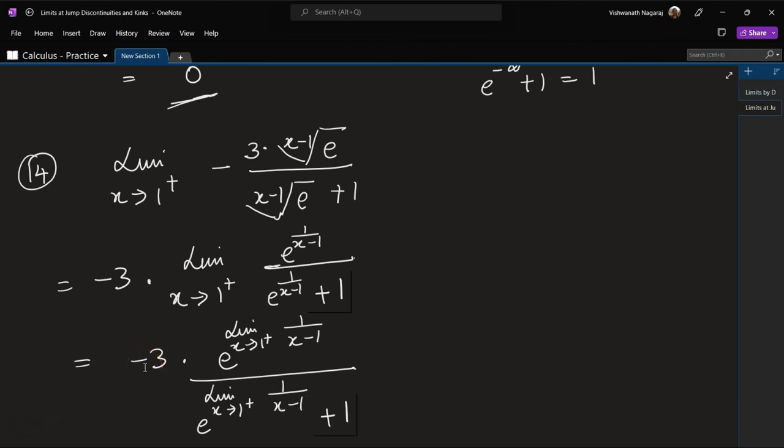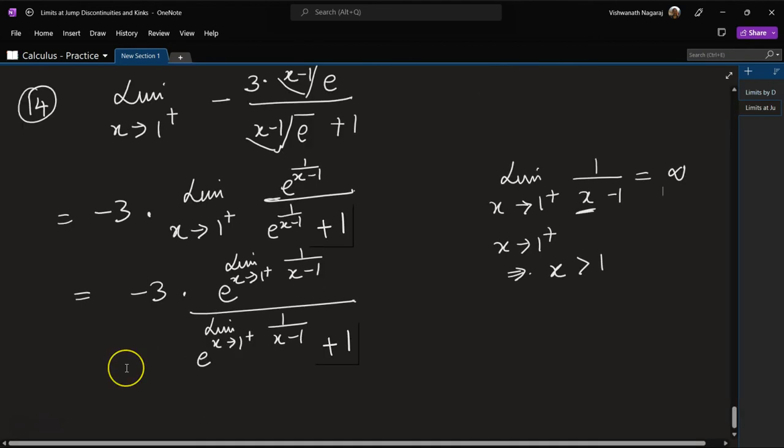So we need to focus on this limit as x approaches 1 from the positive side of 1 by x minus 1. Now x approaches 1 from the positive side implies that x is greater than 1. Since this is greater than 1, the denominator is going to be a positive value, and it will keep becoming smaller and smaller. So that means this would be equal to infinity, okay?